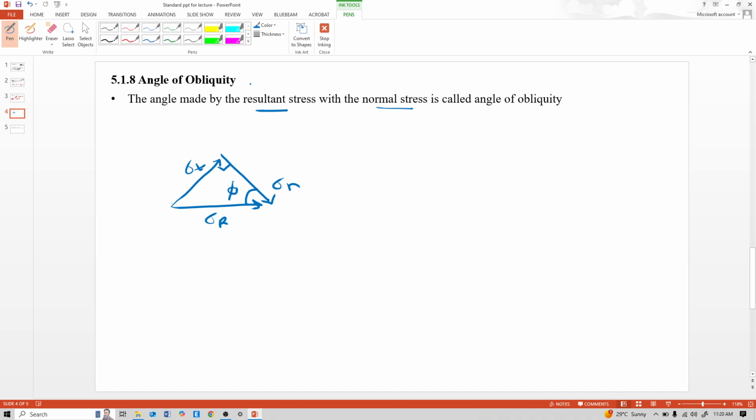This angle of obliquity is denoted by phi. So tan phi is equal to opposite side upon adjacent side, sigma t upon sigma n.